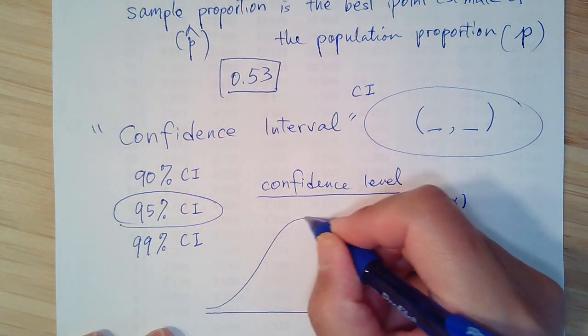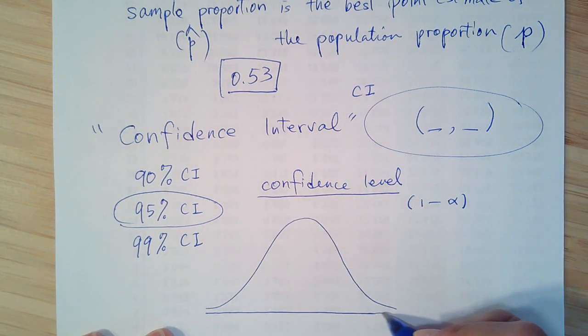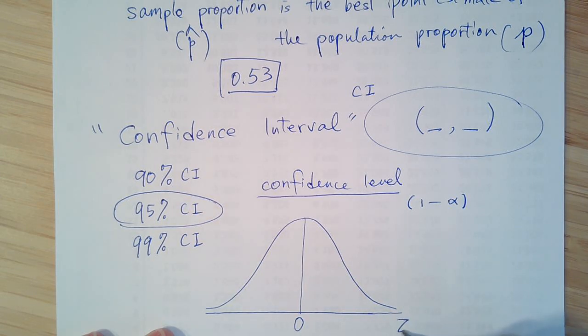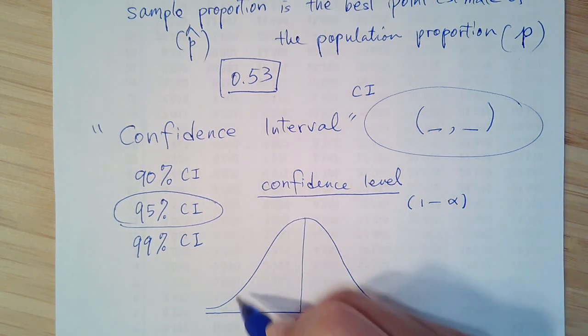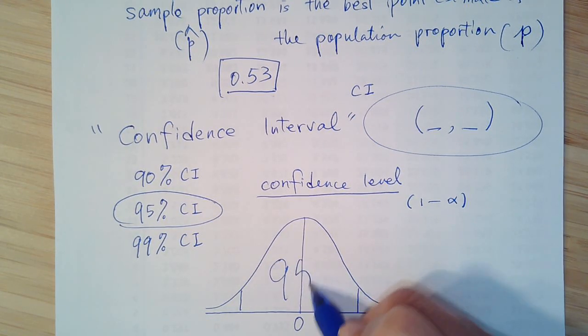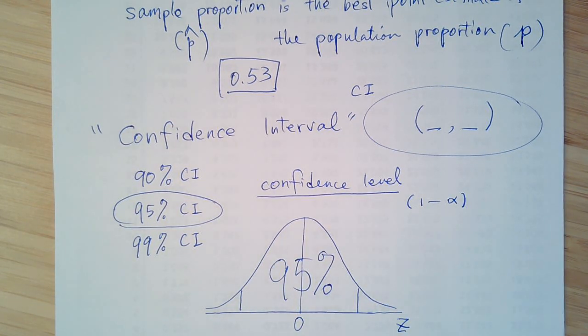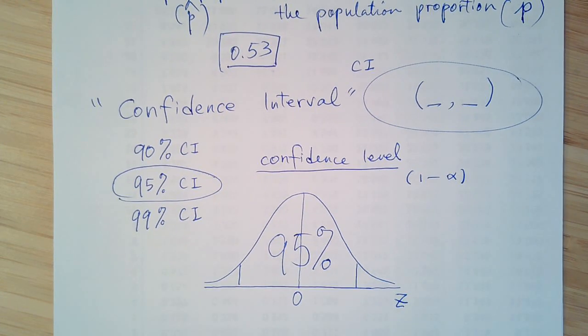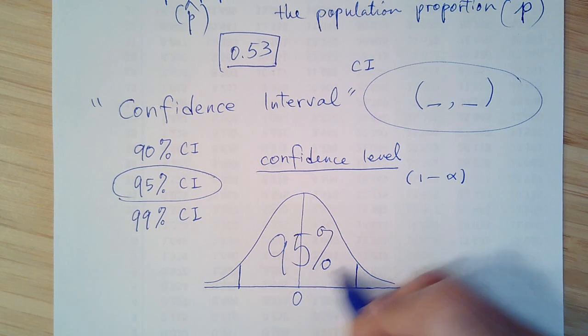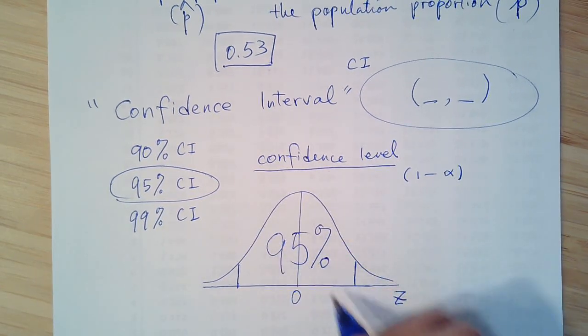Normal distribution, here's 0, here's z. If I want 95% confidence, it's going to be somewhere around here. So here is 95%. Remember, the area under the curve is the probability. I want 95% of the chance the data fall within.